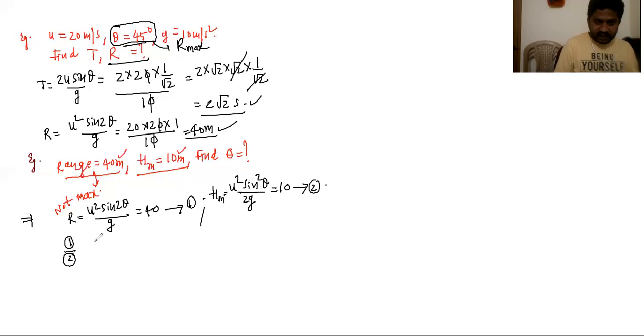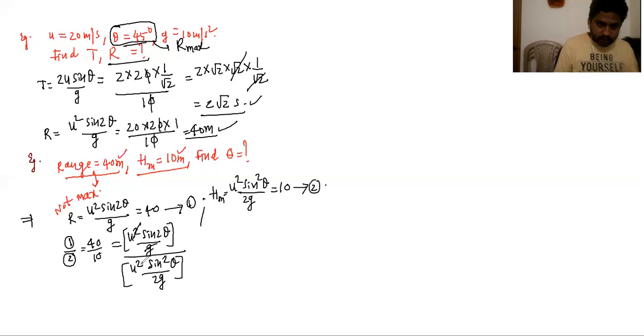On the right-hand side, it is 40 by 10, which is equal to the left side, u square sine 2 theta by g, all divided by u square sine square theta by 2g. No confusions, right? U square by g, u square by g cancel, right?